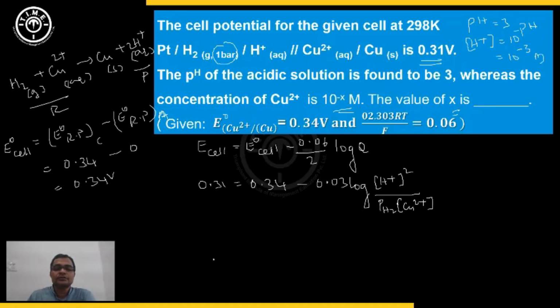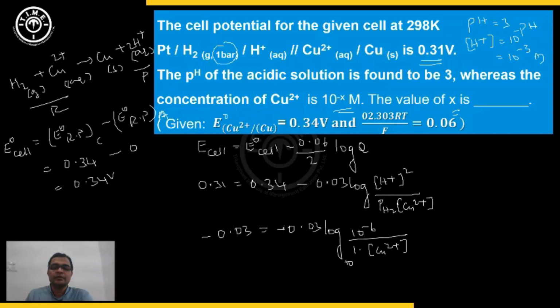So you bring this to this side. What will you get? Minus 0.03, that is equal to minus 0.03, and log of the H+ ion concentration, 10 to the power of minus 3 whole square, meaning 10 to the power of minus 6, divided by 1 into the molar concentration of Cu2+ ion. The minus signs get cancelled, 0.03 gets cancelled.